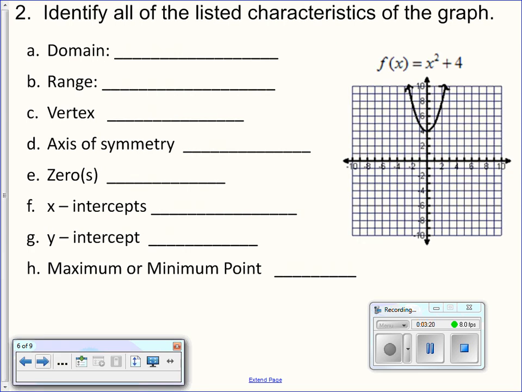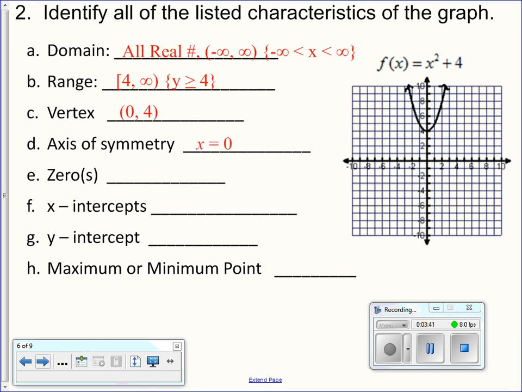In this one, our parabola is moved up, so our domain is still all real numbers, because it's still going to go on for infinity. Our range includes 4, but goes to positive infinity, so y is greater than or equal to 4. Our vertex is 0, 4.